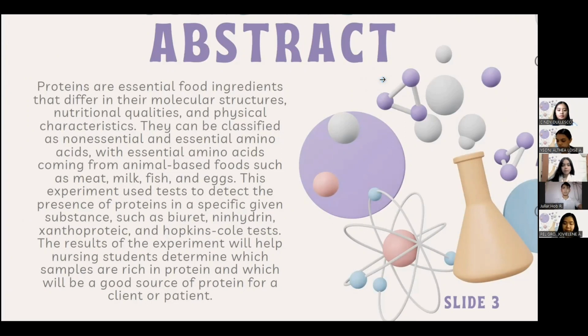So, this experiment has expanded the knowledge of students regarding what samples are rich in protein and how to identify them, which is essential in the education of nursing students.